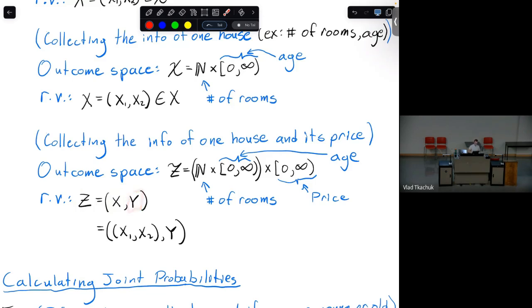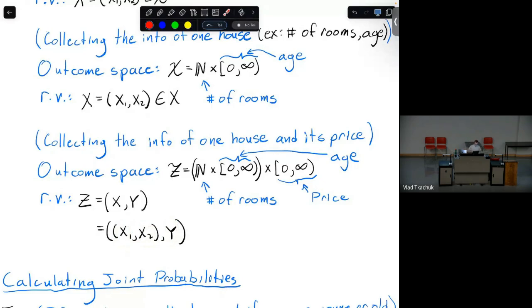More explicitly, you write it like this. This is the notation we've already seen, right? Here we have a feature vector, or maybe you call this the features, sorry. And then you have two features in there, which is the number of rooms and the age. And then you have a third random variable, which is the price. So you can see you can start combining these, nesting them, and things like that.